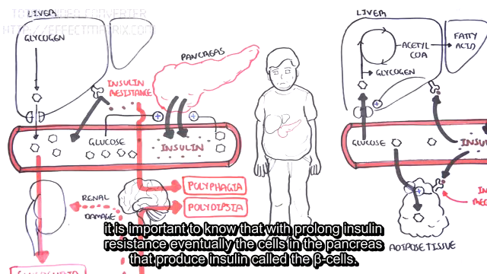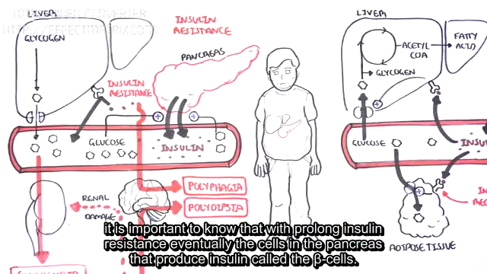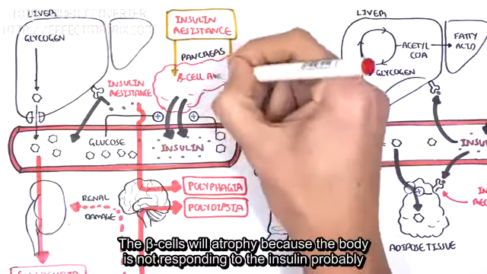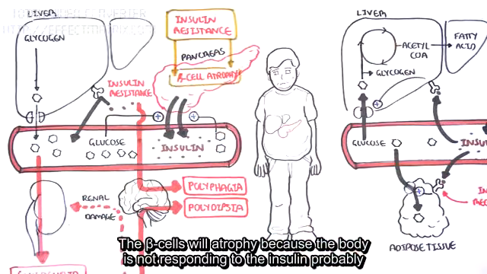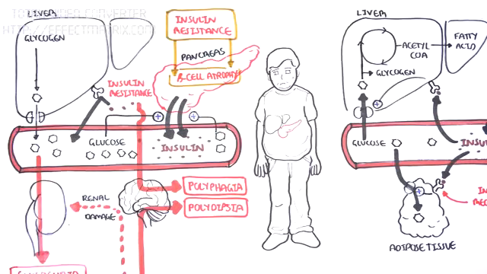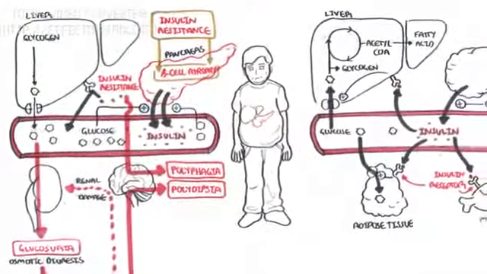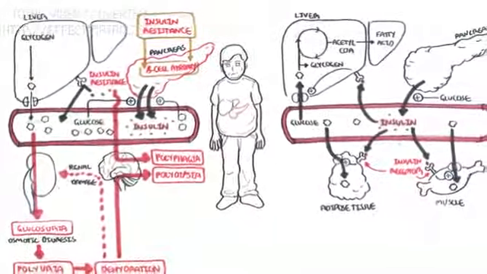It is important to know that with prolonged insulin resistance, eventually the cells in the pancreas that produce insulin, called the beta cells, will atrophy because the body is not responding to the insulin properly. And so this will further cause problems, and the person who has diabetes will eventually need to be on insulin injections to compensate.